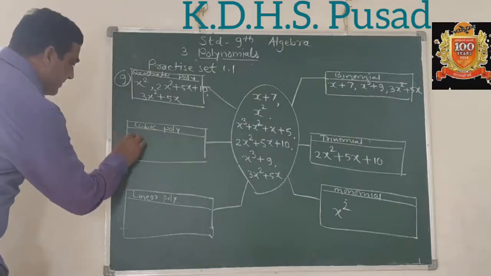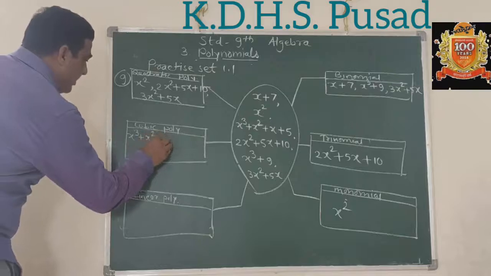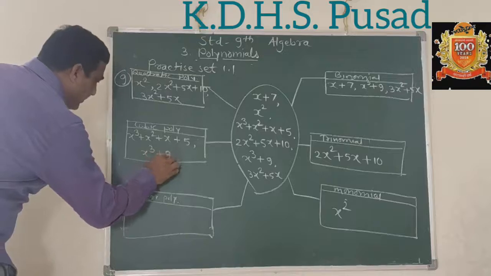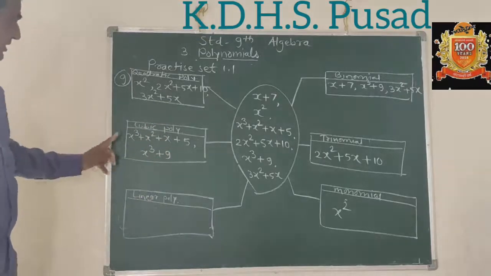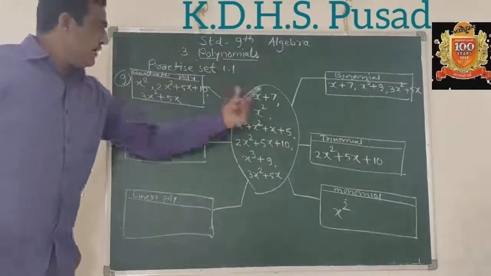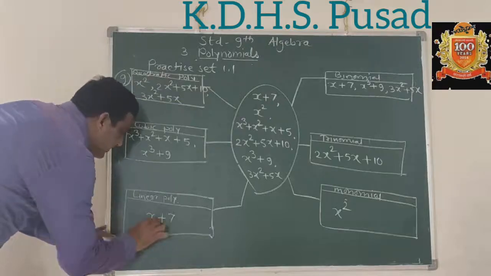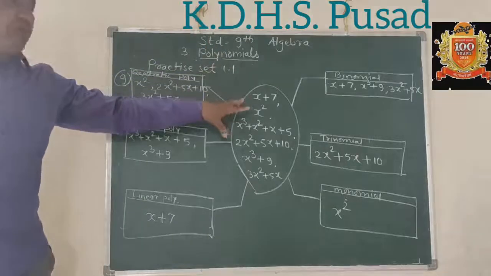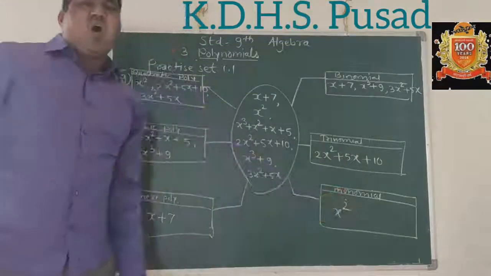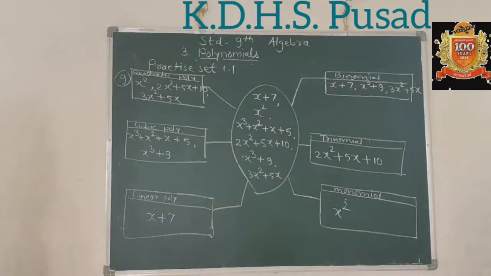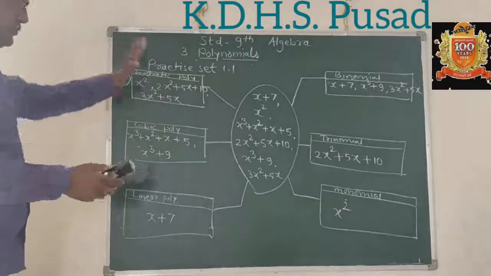So here x cube plus x square plus x plus 5. That is the first one. The second one, x cube plus 9. Degree 3, so cubic. Linear has degree 1. There is only one, that is x plus 7. In this way, we have to write these polynomials on the basis of their terms and on the basis of their degree. So here, in this way, we have completed 1.1. And in that, what have we studied here?